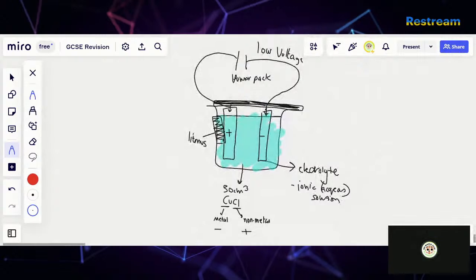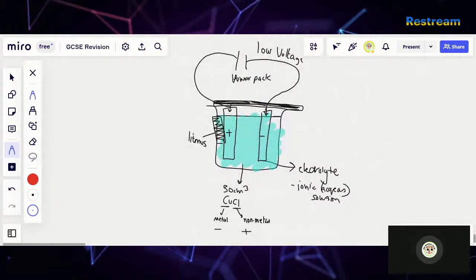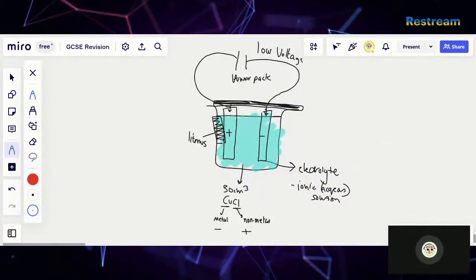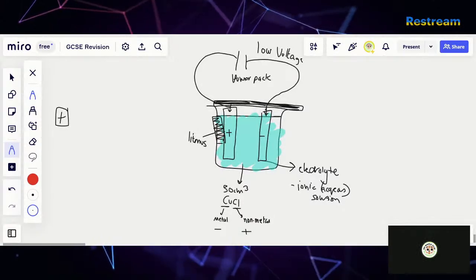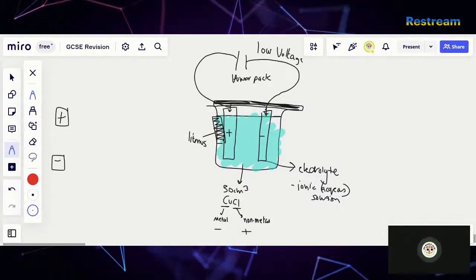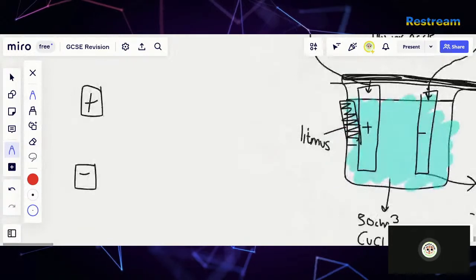Let's talk about what happens at each of the electrodes. We have the positive electrode here and the negative electrode here. What happens at each one when we have copper chloride?